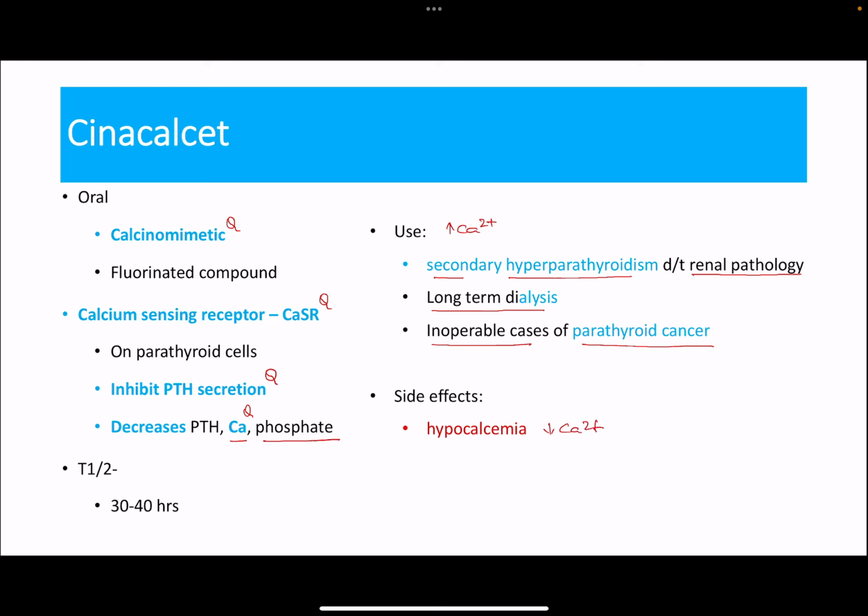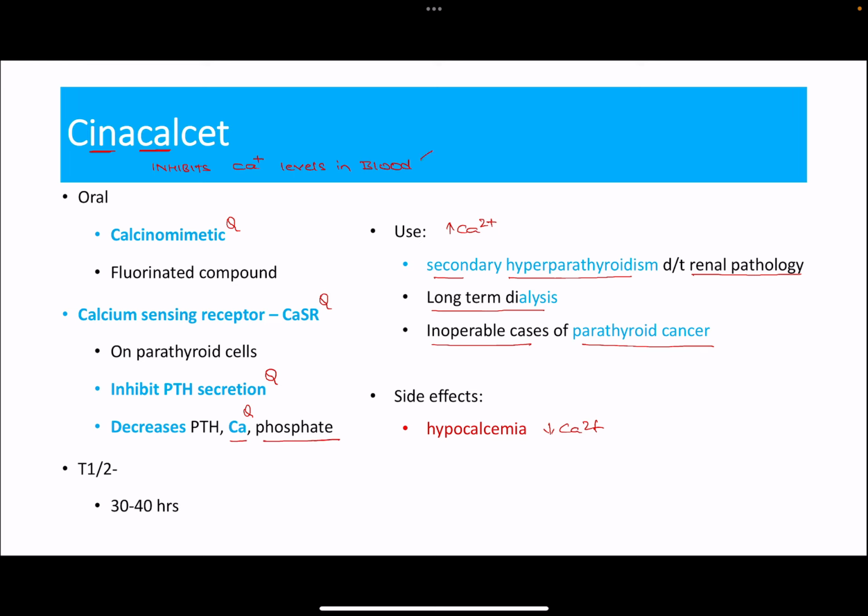How to remember? Cina means you can, I means it inhibits, and Ca is calcium levels in the blood. So it inhibits the calcium levels or the concentration in the blood.